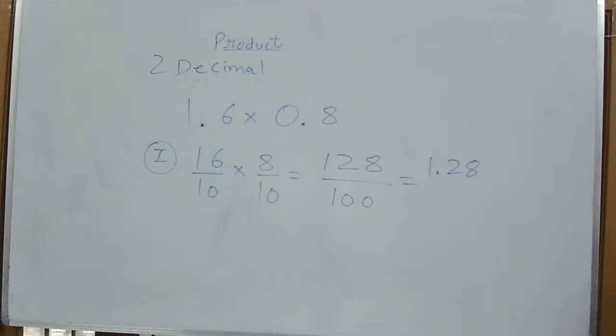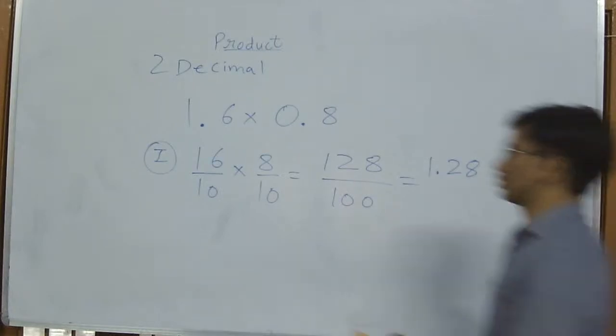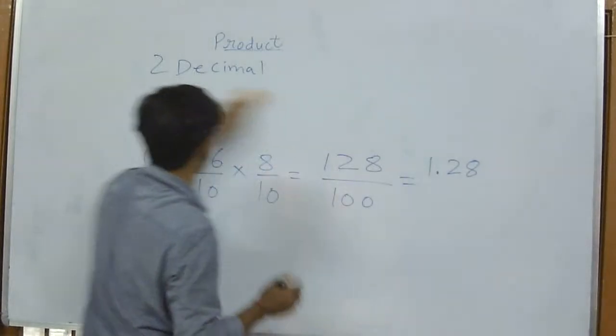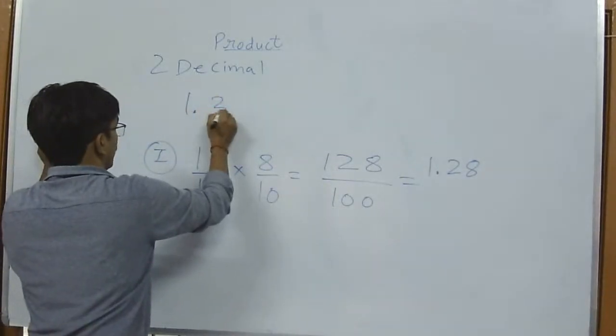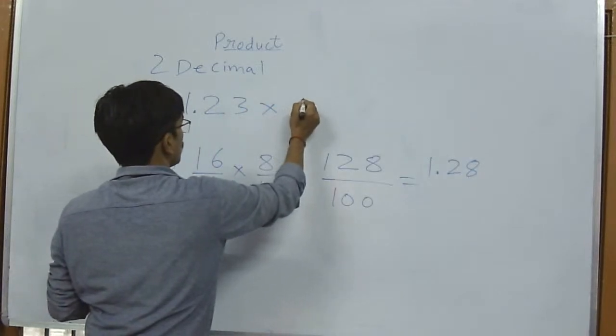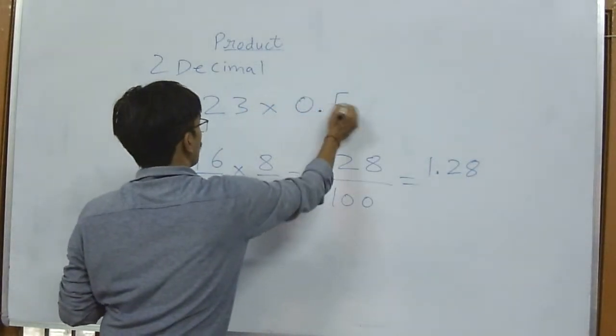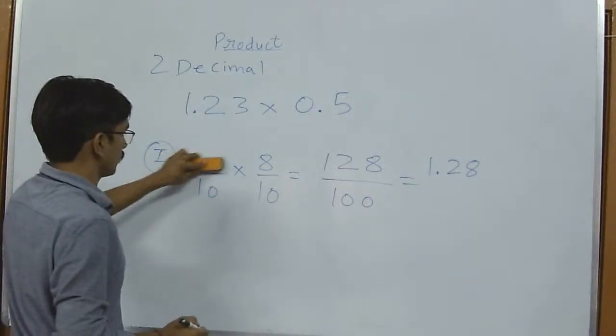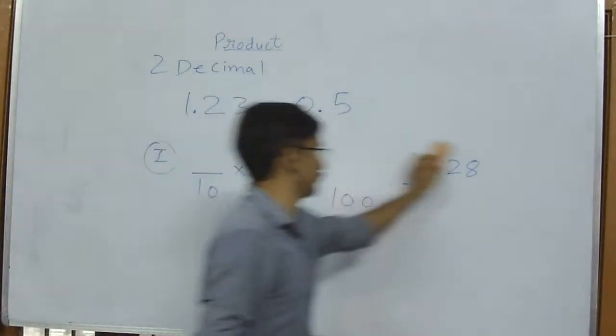Are you ready for the next question? The next question is 1.23 multiplied by 0.5. Now tell me, what will be the fraction form?